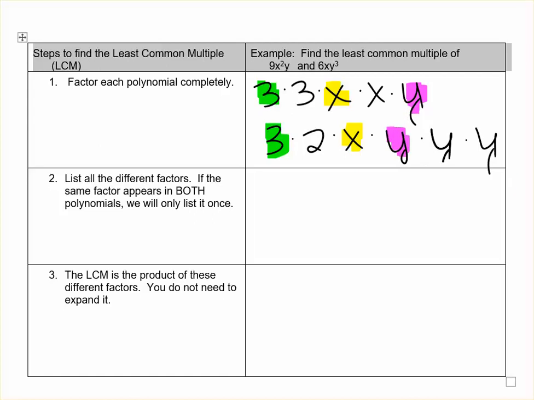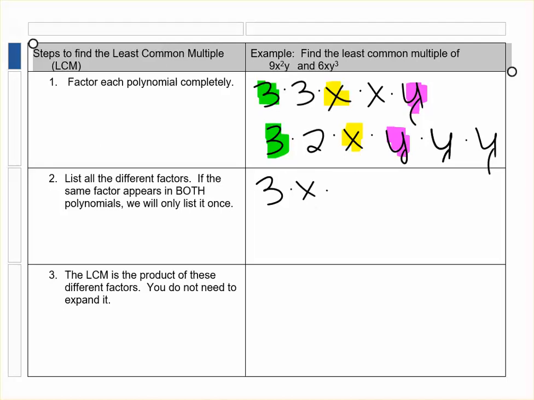Okay, now I'm going to list all of my factors, but I'm going to make sure that I don't double list the ones that are highlighted. So it might be easiest to go ahead and write down the ones that are not highlighted. So I'm going to include that non-highlighted 3, the non-highlighted x, 2, and then I have 2 y's that are not highlighted. Now of the highlighted ones, I'm only going to include one of each pair. So I had the 3's that appeared in each, so I'll have another 3.